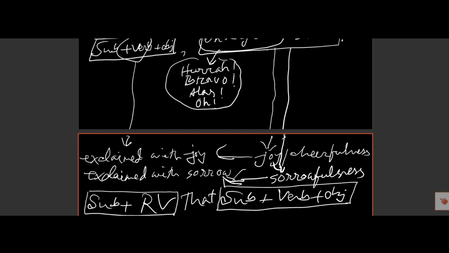Subject and object will be changed according to person, and the verb will be changed according to tense. So this is the structure of direct to indirect in the exclamatory sentence.